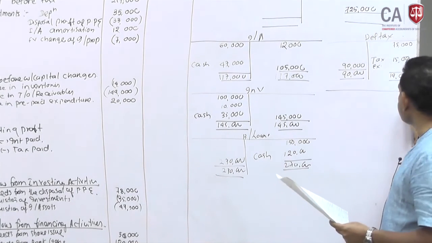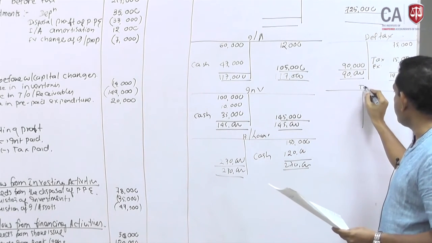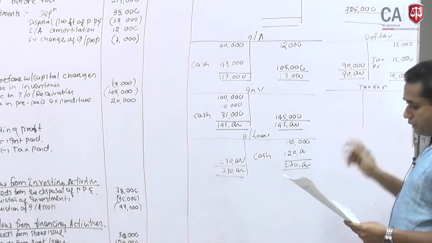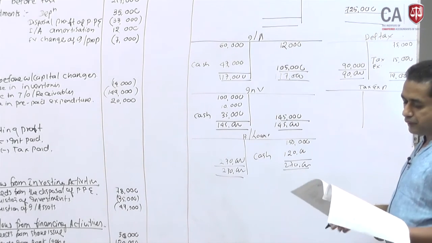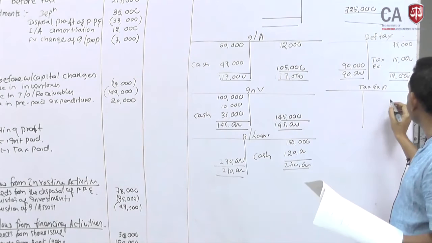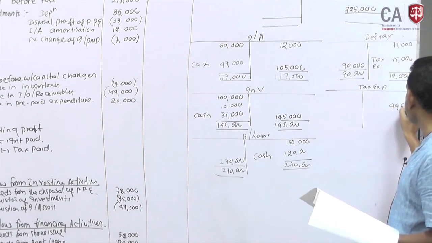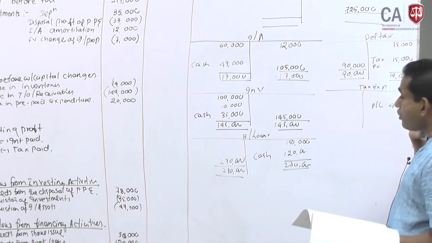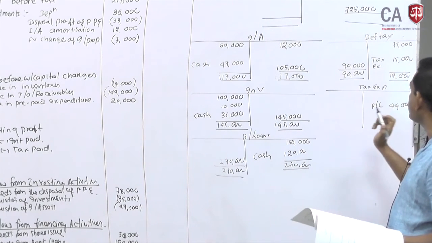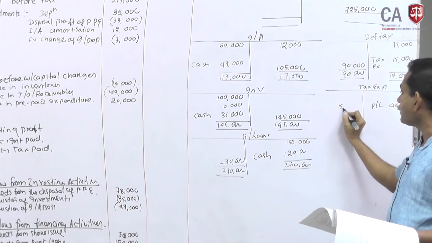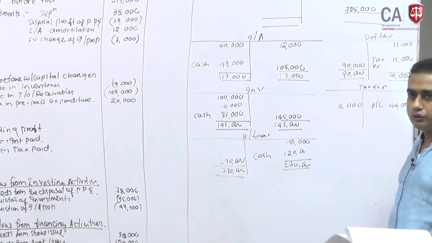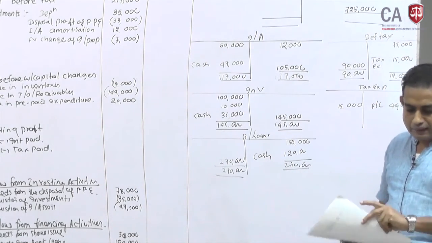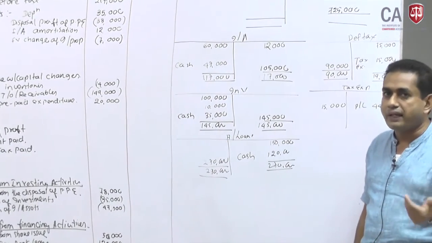And let me open up tax expenditure account. How much has been the tax expenditure during the current year? 44,000. This is what you debited to profit and loss. Out of 44,000 current year tax expenditure, 15,000 has to be deferred tax. You know, the tax expenditure comprises two elements, current tax and deferred tax.